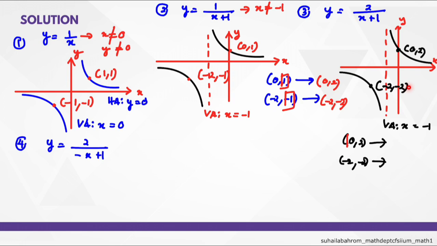When you reflect to the other side, the -2 will become +2, so the change is in x. So here 0, 2, and this one will become +2 and -2. And our asymptote also changes. The vertical asymptote will change to x equals 1, because when you reflect on the other side, x equals -1 will become x equals 1 on the fourth graph. Okay, so let us sketch the graph here.